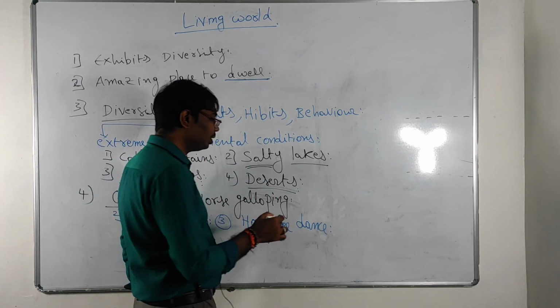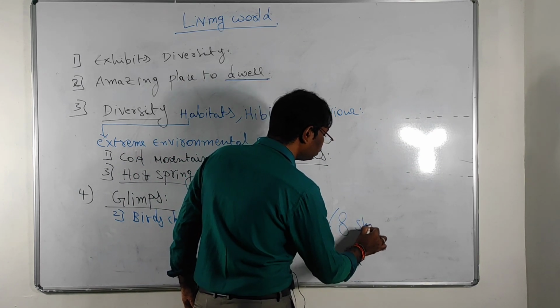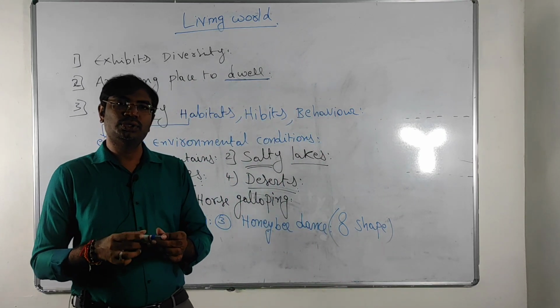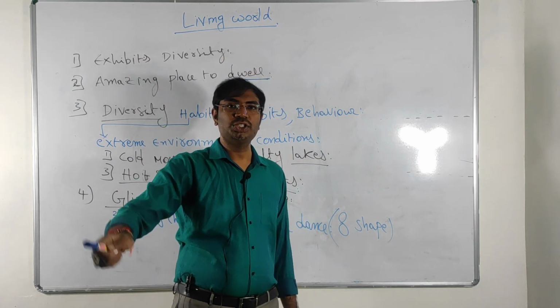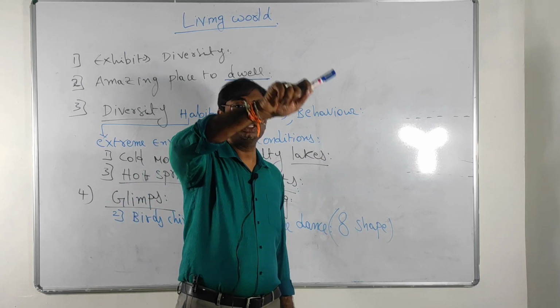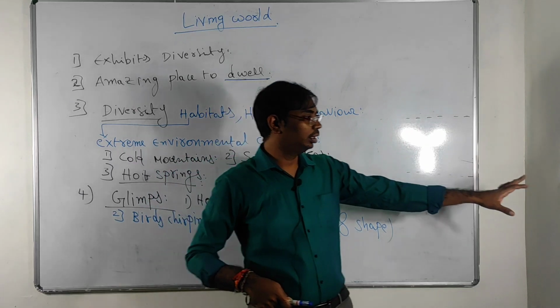The honeybee dance is in an 8 shape. So why do the honeybees show an 8 shape dance? Suppose a honeybee is moving in a dumbbell direction, then what happens? It is an indication for the other honeybees about the food source. Suppose food is located in this area.